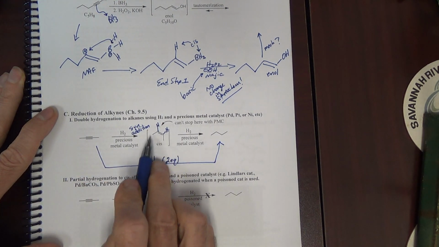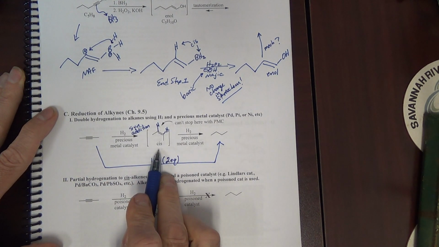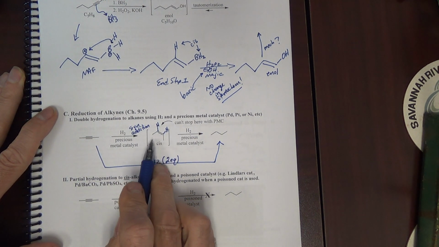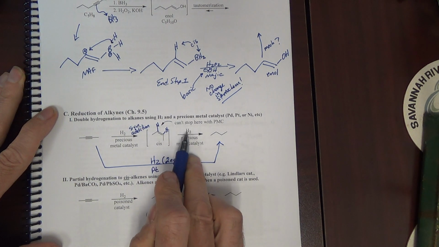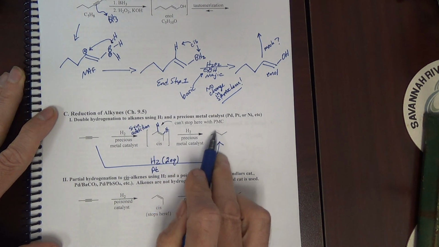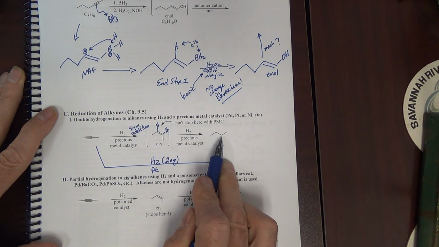One equivalent gives you the cis alkene, but that's not isolated. It continues on, another equivalent all the way down to the alkane.